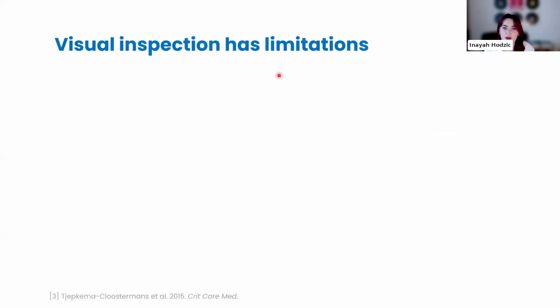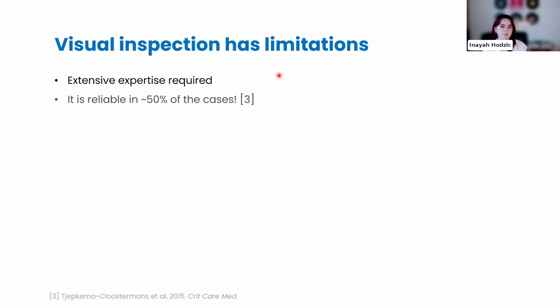So visual inspection therefore has certain limitations. There is extensive expertise required, years of training, continuous exposure to such patients and EEG recordings, which is not always readily available in every hospital. And even so, it is reliable in about 50% of the cases, because it's such a complex and nuanced skill set and procedure.